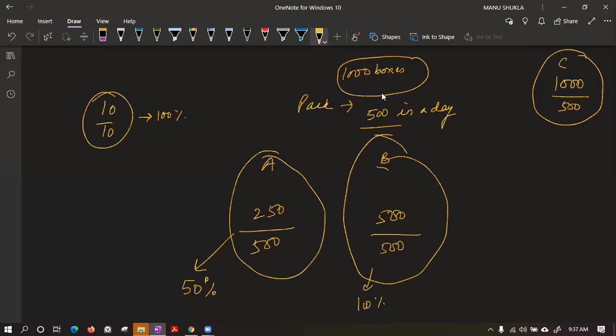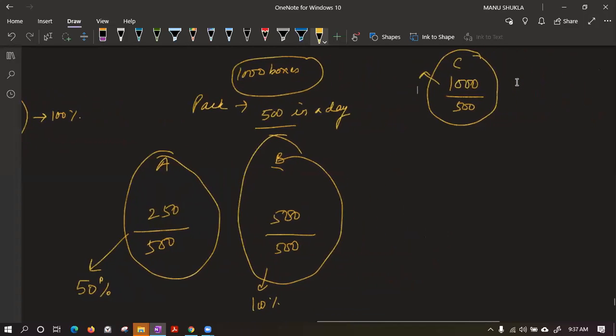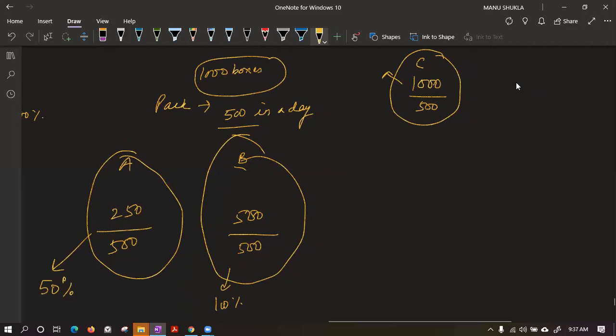But this person has done extra work, because you can see the numerator is larger than denominator, and if you multiply with 100, he has done 200% of work.